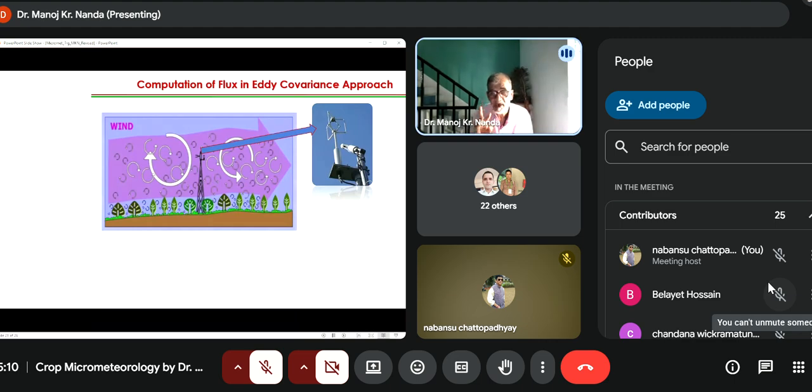The three things are simultaneously measured. So it is not only a gas analyzer, means it is not only CO2 measurement. It integrates these three things by default. The sonic anemometer measures the wind speed at a very fast rate. So now the measurement system becomes complicated because the principle requires very fast measurement.